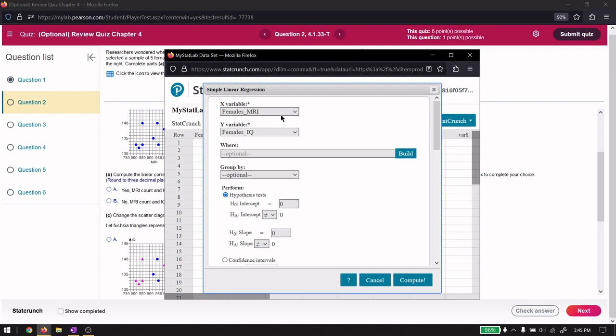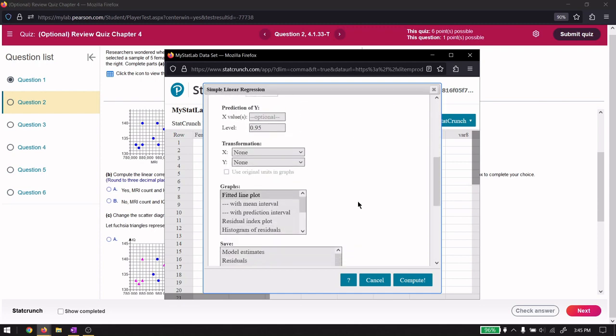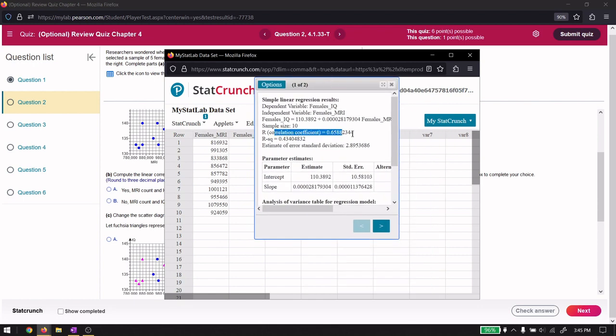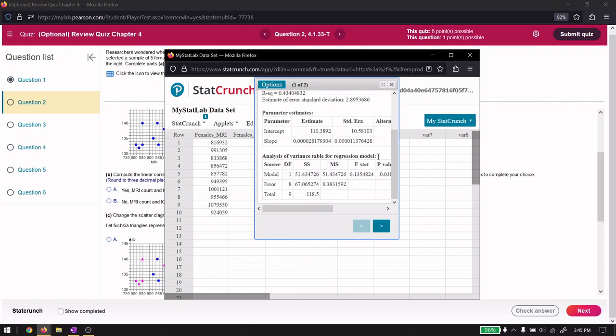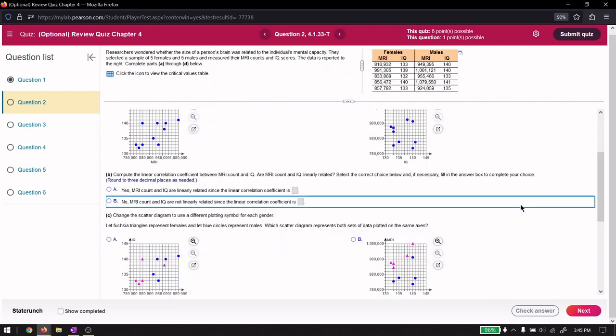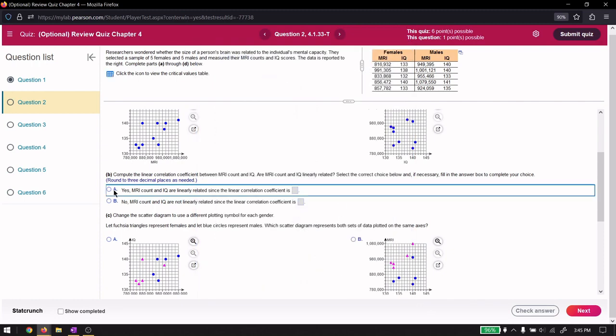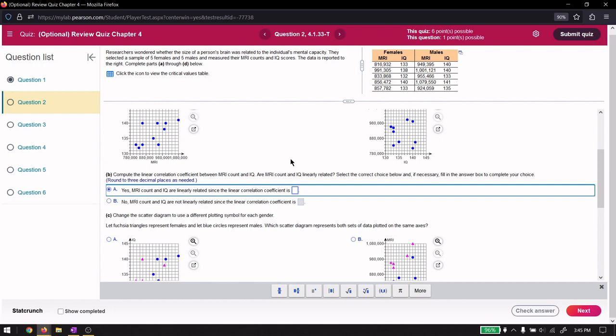So MRI is going to be the explanatory, or the X. IQ is going to be the response, or the Y. Let's compute this, and here we go. We have our correlation coefficient is 0.6588 for a sample size of 10. The critical value for a sample size of 10 is 0.632. 0.6588 is greater than 0.632, so yes, they are linearly related.